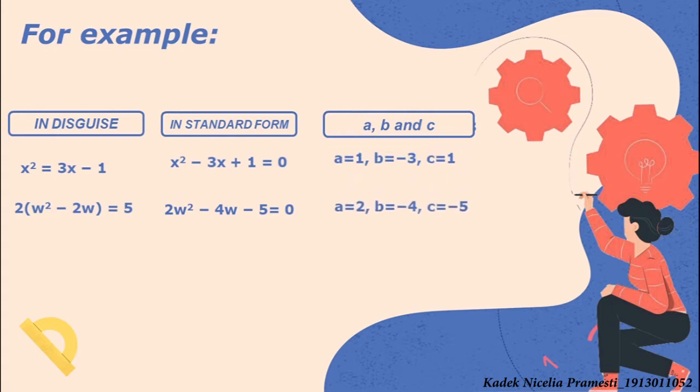And we get a, b, and c again. In example number 3: z(z minus 1) equals 3. Okay, expand and move 3 to the left. So we get z squared minus z minus 3 equals 0. And again, we get a, b, and c.